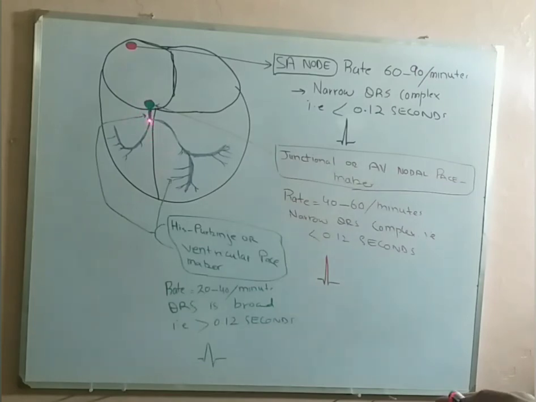Then comes the AV nodal or junctional pacemaker, which is located at the junction of the atria and the ventricle, in the position of the AV node. It fires at a rate of 40 to 60 times per minute, so less than the SA node pacemaker. And the QRS complex is narrow, again less than 3 small boxes or less than 0.12 seconds.